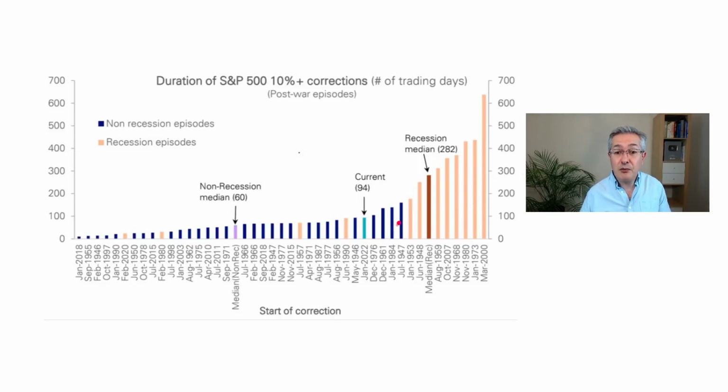The beige bars on the right that you can see here are the ones where there was a recession, and the median or typical duration of the drawdown was 280 days. Whereas when there wasn't a recession, it was a much shorter recovery time. Then it was only 60 days. So the markets recovered 4 times as quickly if there wasn't a recession.